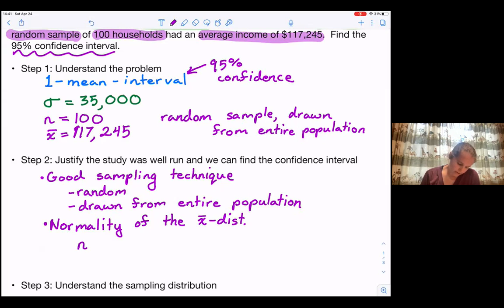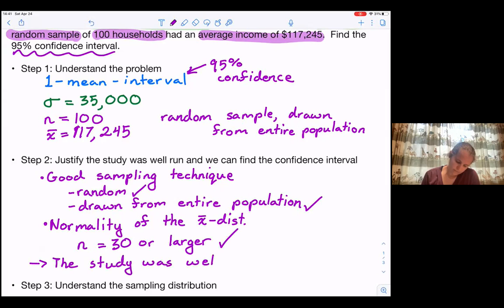So n is 30 or larger. That's definitely true. We have random, it was drawn from the entire population. So the study was well run, and the conditions for normality were met.